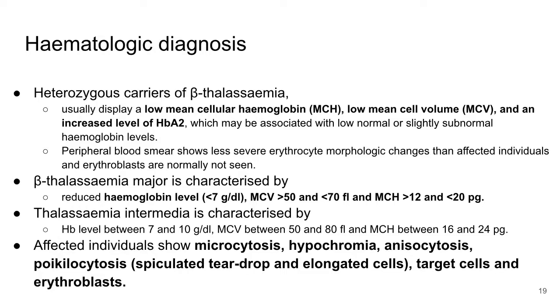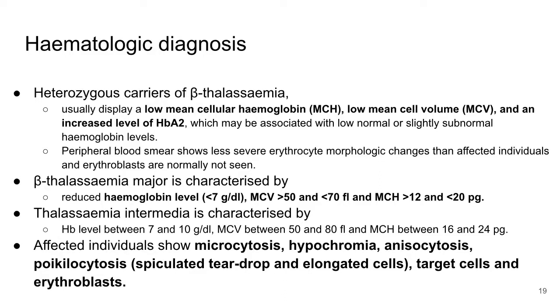Beta thalassemia major is characterized by hemoglobin level less than 7 gram per dL, MCV more than 50 to 70, MCH more than 12 to 20. And in thalassemia intermedia, hemoglobin level between 7 to 10, MCV 50 to 80, and MCH 16 to 24 picograms.